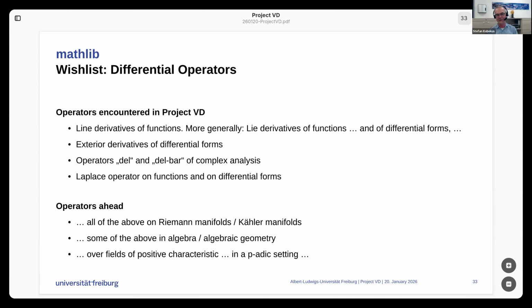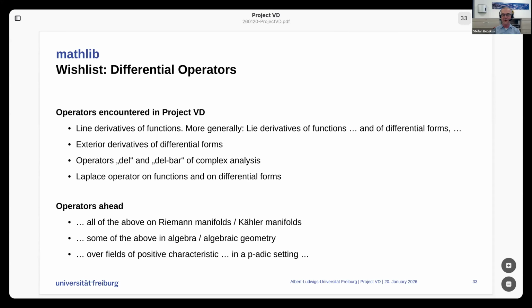Then also we don't want to derive just functions, but also differential forms and probably pretty much any tensors. Differential forms are at the moment avoided in Project VD, and some of the code that we have there is actually working around differential forms. So we don't have to use them because I couldn't see them in a convenient place in MathLib.